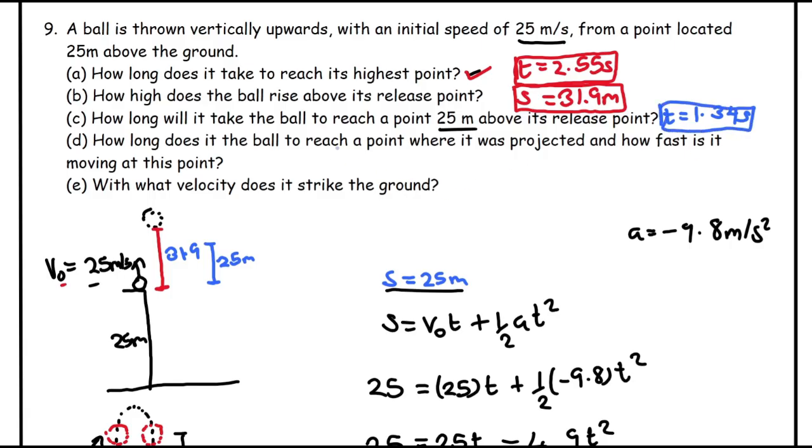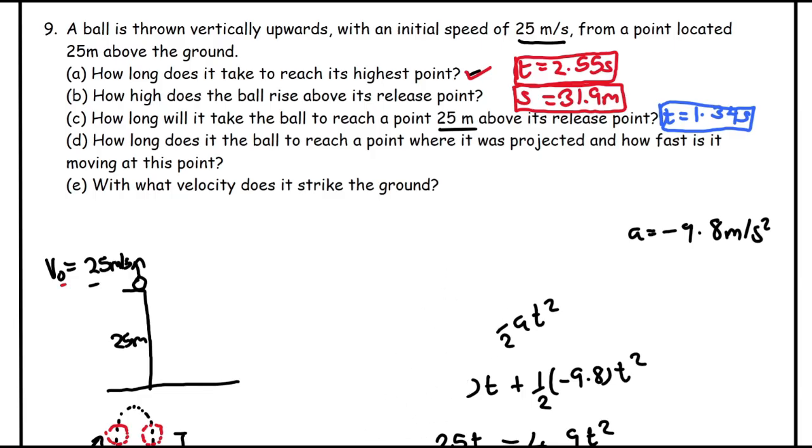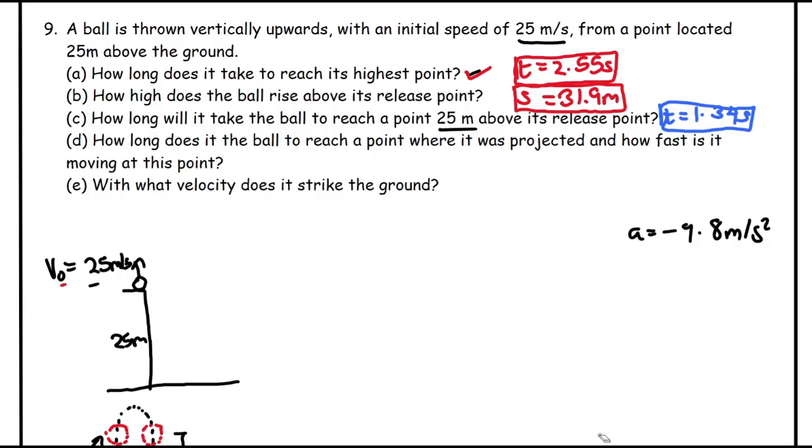How long does it take the bow to reach a point where it was projected, and how fast is it moving at this point? So essentially what we're being asked here is how long will it take the bow to go all the way up and come back to a position where it is here.